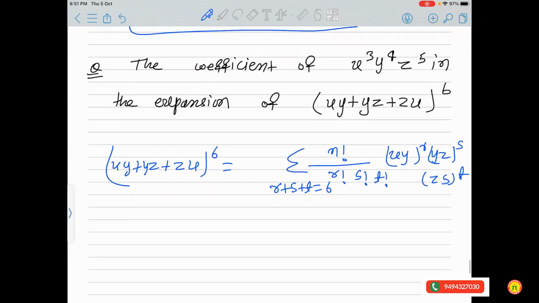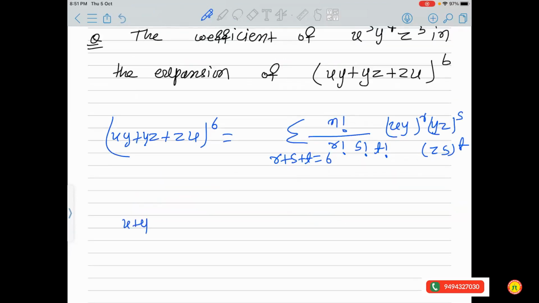So we can see r plus s plus t equals 6. We know that in (x plus y) power 6, x square y power 4 means 2 plus 4 equals 6. Similarly, the sum of all powers r plus s plus t equals 6.